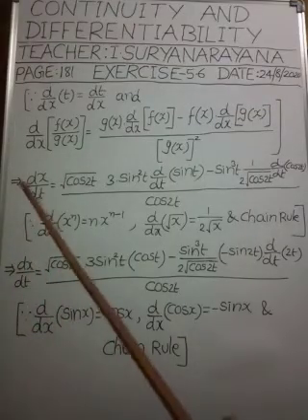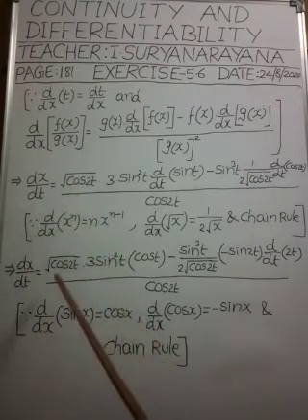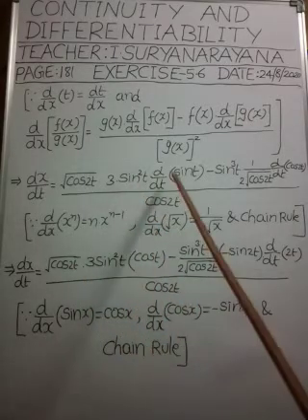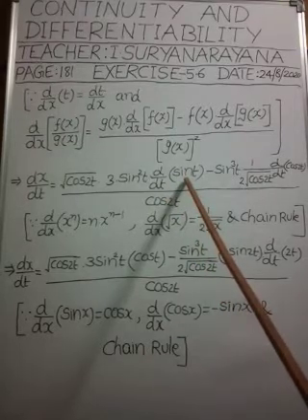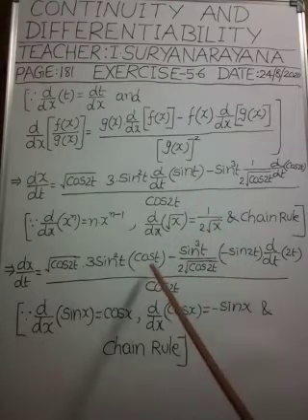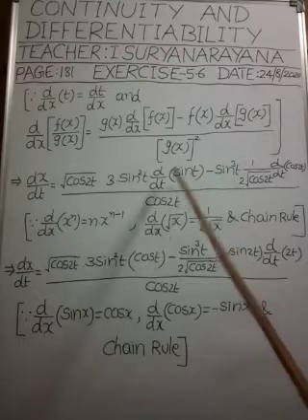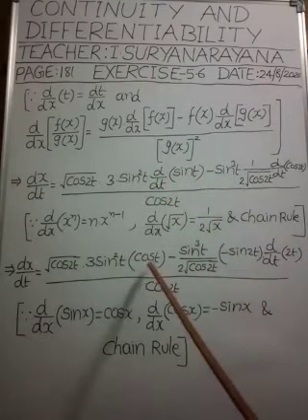This implies I wrote LHS as it is, that is dx by dt is equal to root cos 2t into 3 sin square t into, it is in the form of d by dx of sin x. What is the formula d by dx of sin x? Cos x. In our mind we assumed here t as x, d by dx of sin x is equal to cos x. Understood this part?